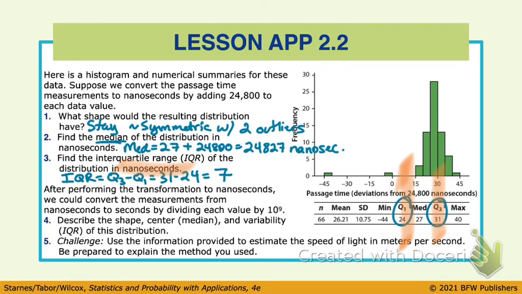So the difference between them would stay the same. Because this is a measure of spread, addition and subtraction does not affect measures of spread. When I move this entire distribution up by 24,800, the spread of the data stays the same. It's still a distance of 7 between these two numbers. So all I have to do to convert this is add the units of nanoseconds.